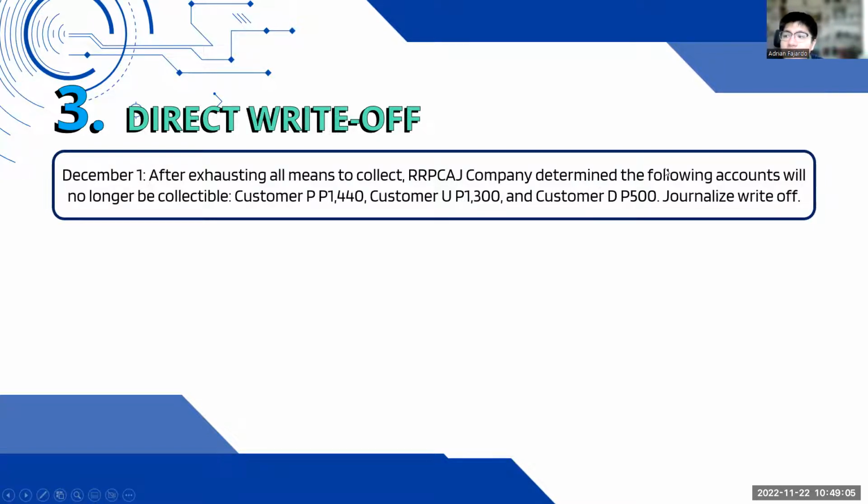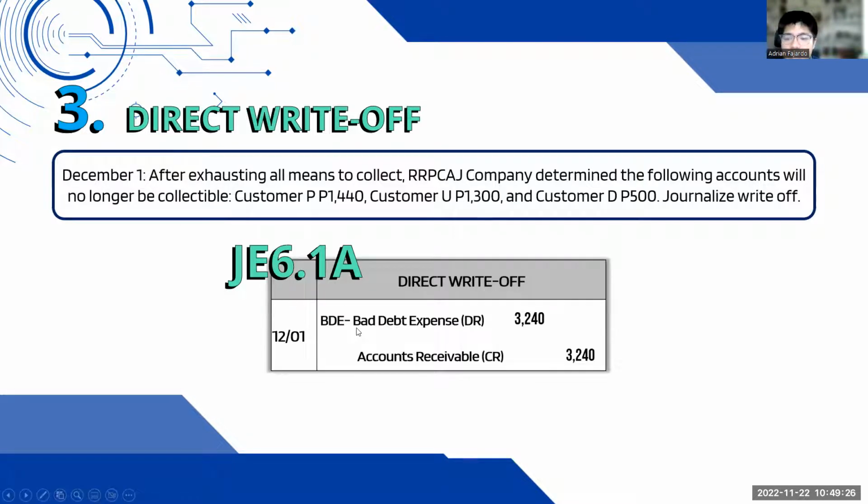And they determined that the following accounts will no longer be collectible. Since it says will no longer be collectible, this refers to actual losses. Since it's an actual loss, that is the prerequisite for a write-off. And therefore, our journal entry for this is debit BDE or bad debt expense, credit AR of 3,240.